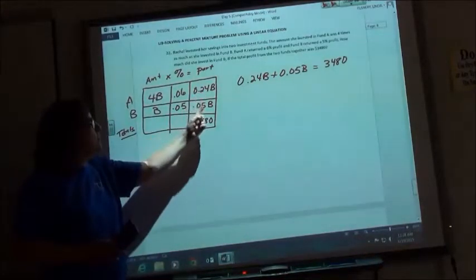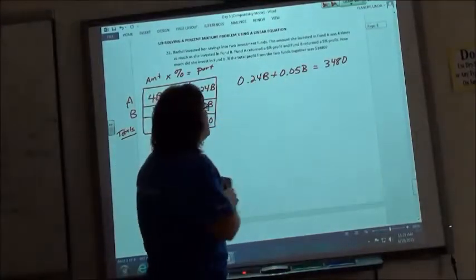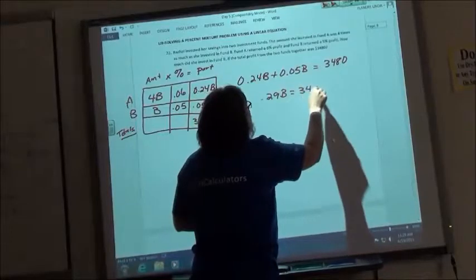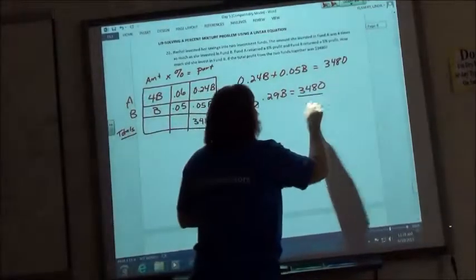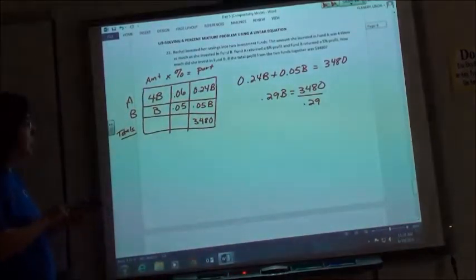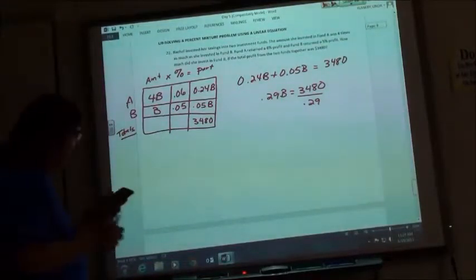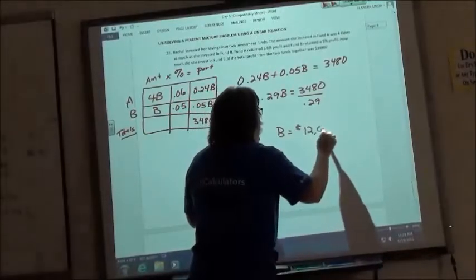So 24% plus 5% here, 24% plus 5% would be 29% B to equal my 3,480. All we need to do to solve that then is to go ahead and divide. 3,480 divided by 0.29 gives me B at $12,000.